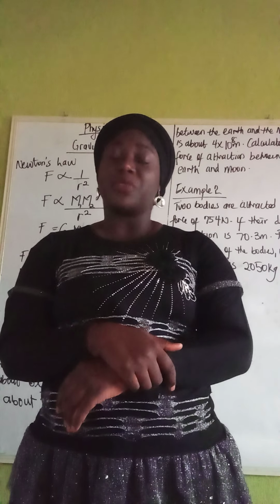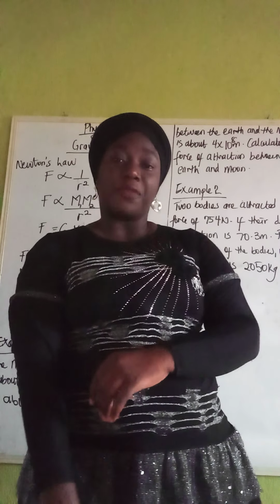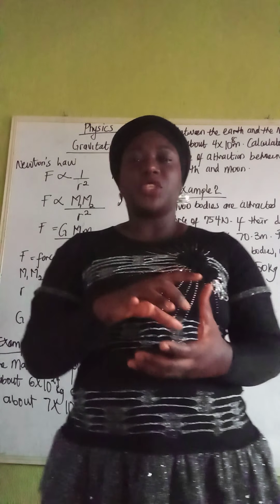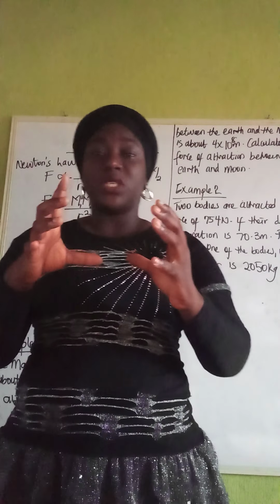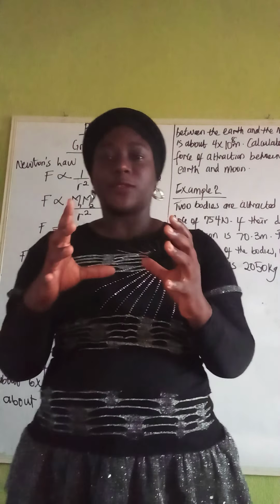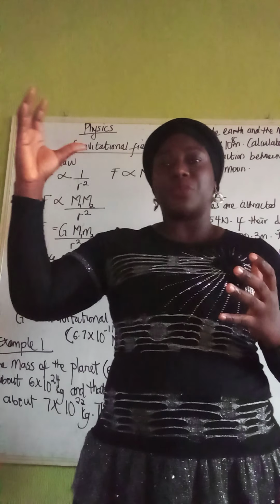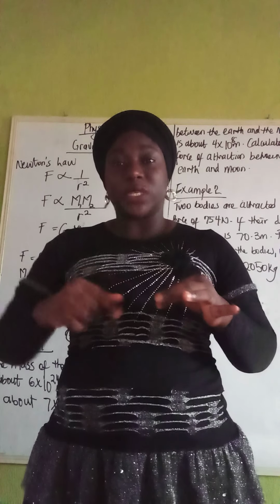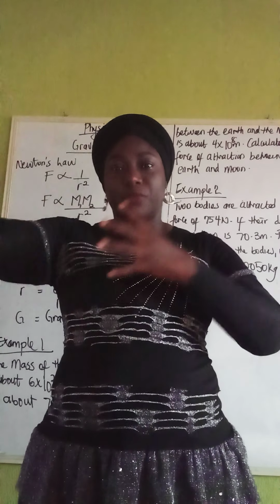This is as a result of the gravitational pull or the force on the Earth's surface. So usually, gravitational force exists between two different bodies. If you are experiencing a gravitational pull, that means the mass of the body and the mass where the gravitational force is felt are involved.